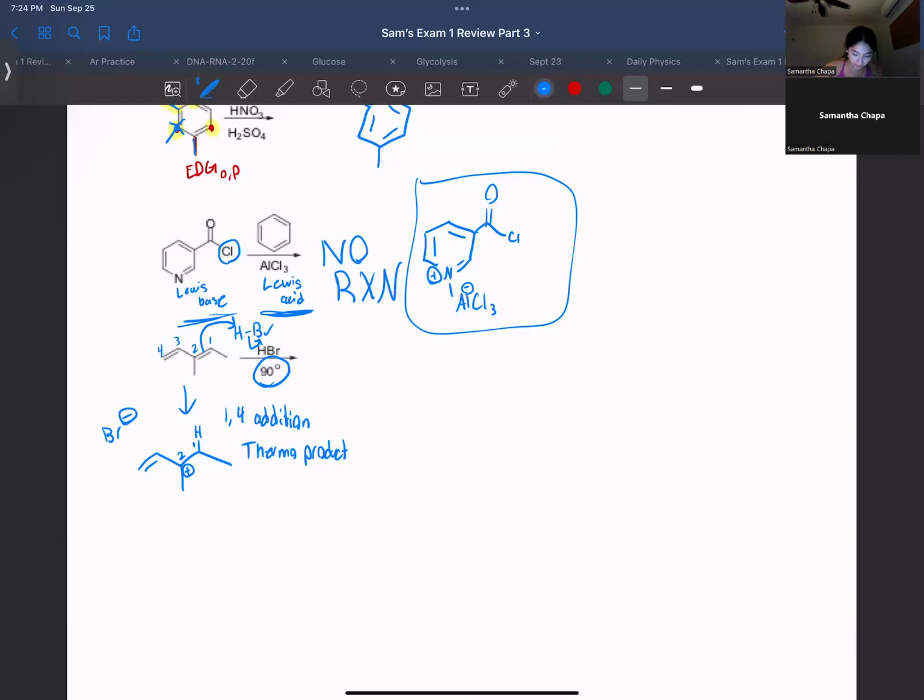So then what I'm going to do is resonate this double bond right here. So we still have our hydrogen. We resonate this to a different place. And we have a carbocation on a terminal end, which we usually don't want, but this is stabilized by resonance, so this is okay for now. And now we can add the bromine.